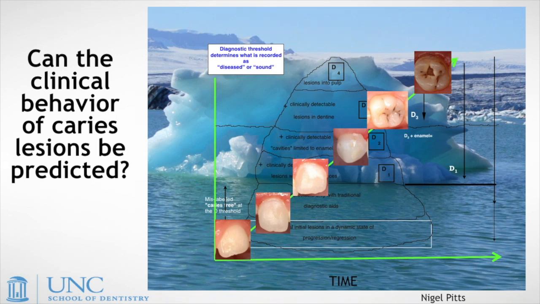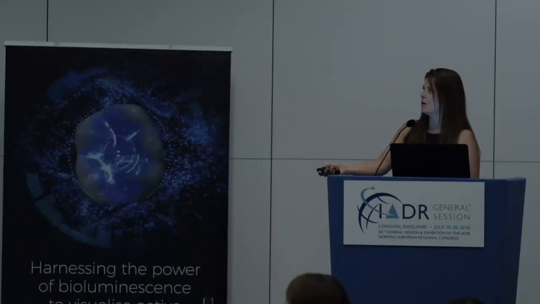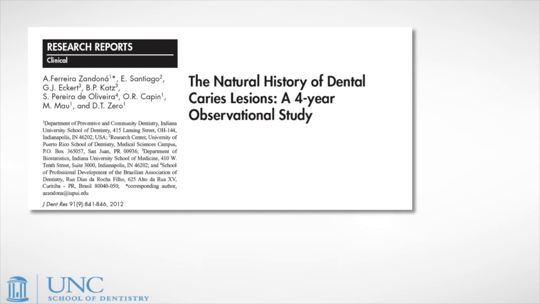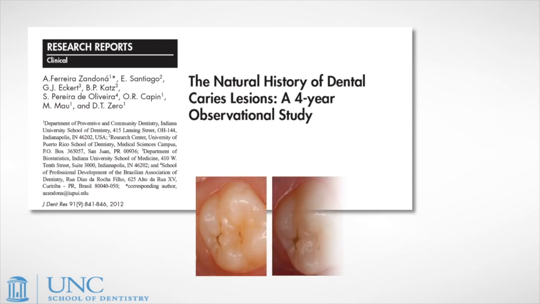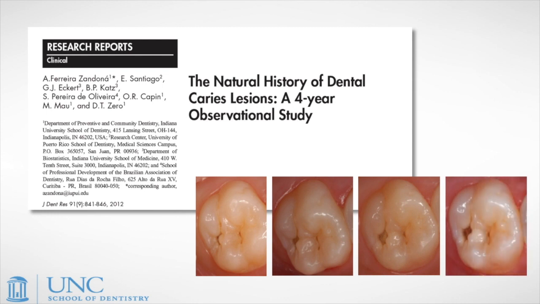So there were some studies that we did in the past that looked at the natural history of dental caries and tried to identify when a lesion becomes cavitated and which lesions do become cavitated.